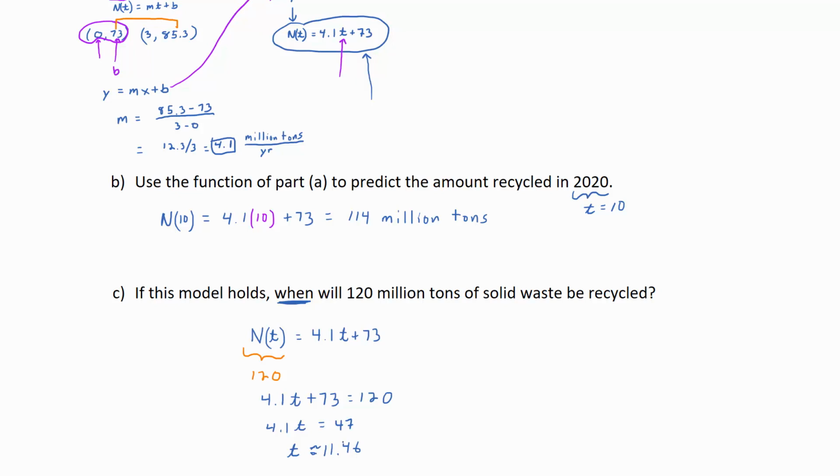And so depending on how you want to round, you can answer the question. If you round to the standard rounding convention, round down, which maybe you don't want to do because you might want a conservative estimate, you might use 11 years, or if you're being more careful, you might use 12 years. But remember what this is. It's 11 years after 2010. So you could say in about the year 2021, 2022, the amount of recycling will be about 120 million tons.